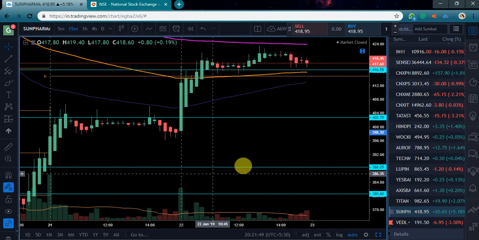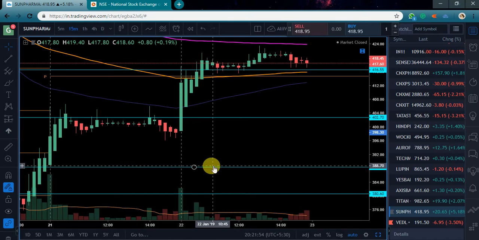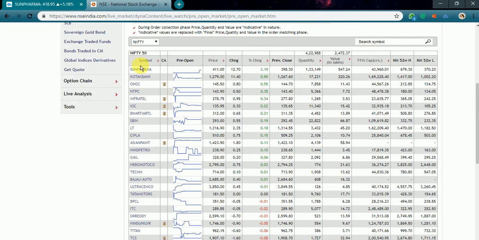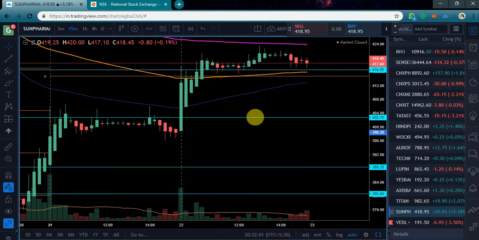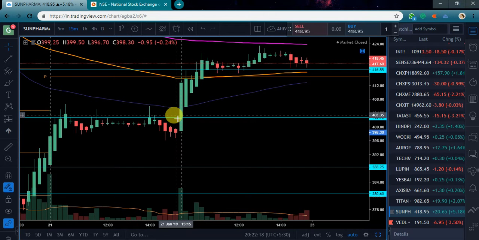And I think I spoke yesterday that it will respect, it will touch this level and it will bounce back, or it will fly from here. So it has done a very nice move, and you can see here, yesterday I had already explained. You don't have to miss yesterday's videos, right? See, 1.33 increase in order queue in the pre-market itself, and it gives higher and higher.